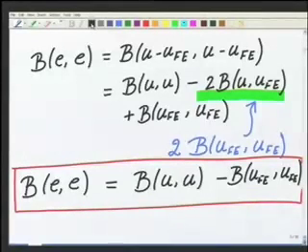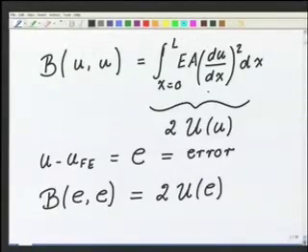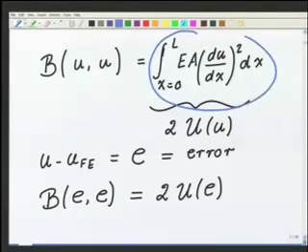So what does it tell me? If I look at b(e, e), by the definition of the integral that we have given here, if instead of u I had put e, then the quantity under the integral sign is always greater than or equal to 0. Why is it so? Because the integrand, if you see, is a square term.